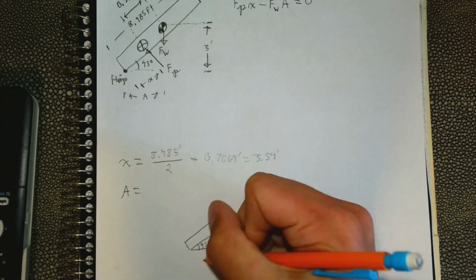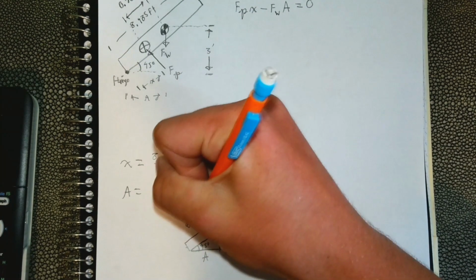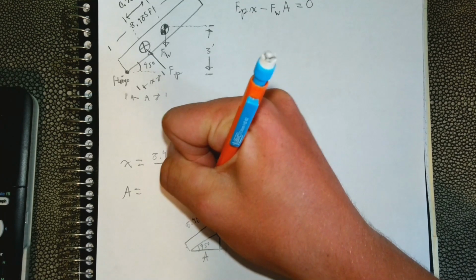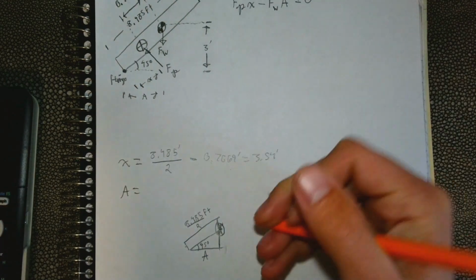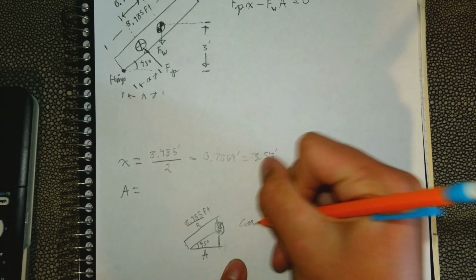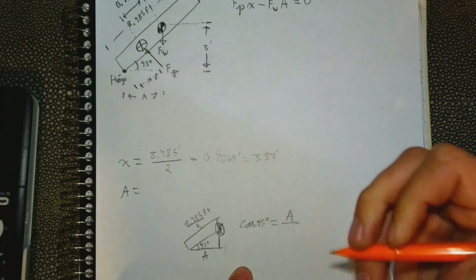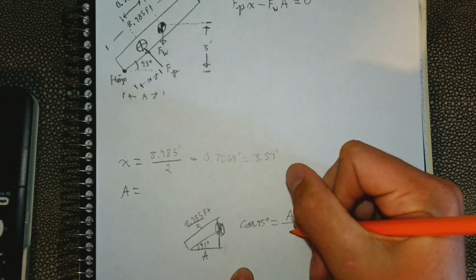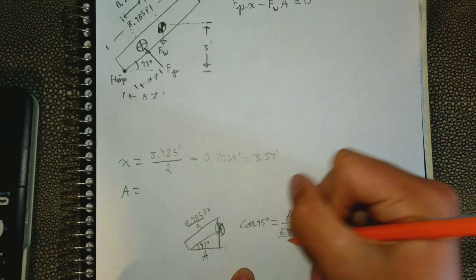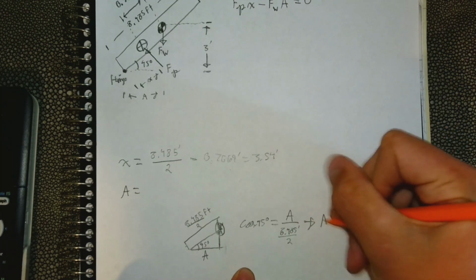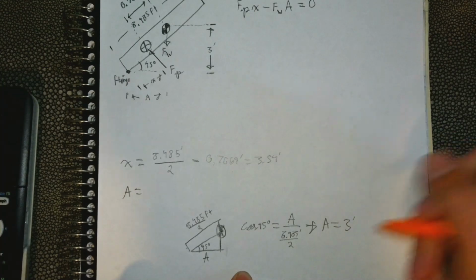And we're trying to find A here. We know that this is 8.485 feet divided by 2. So we can say cosine of 45 degrees is adjacent over hypotenuse. And so rearrange that, we put that in the calculator, we say that A is 3 feet.